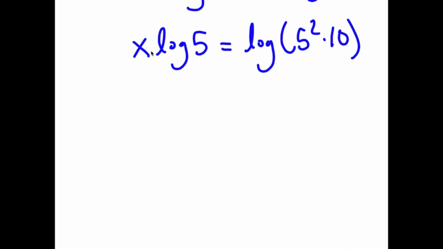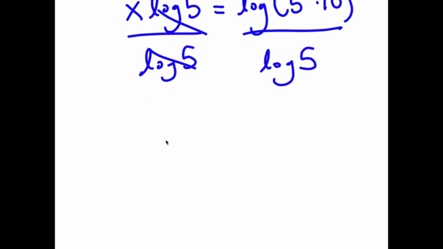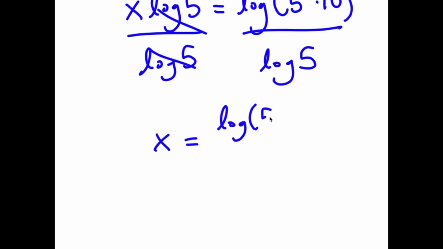Now, we obviously want to find the value of x, so to do that, we're going to have to isolate it. And to isolate x, we're going to have to get rid of this log 5 by dividing both sides by log 5. So then these two log 5s cancel out, and then I get x is equal to log 5 squared times 10 over log 5.